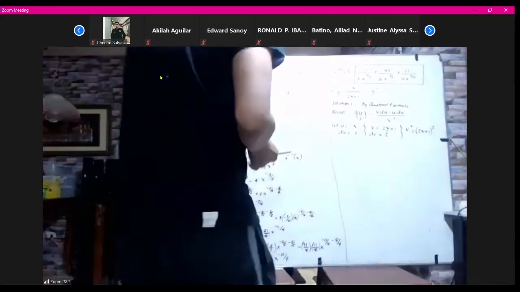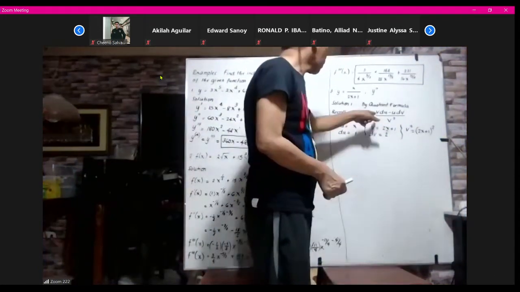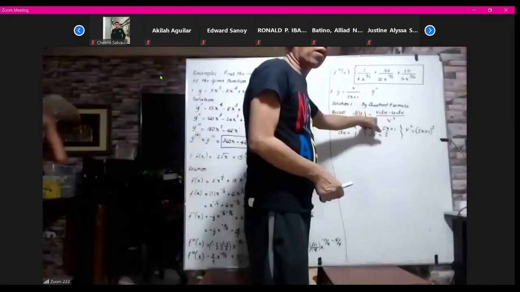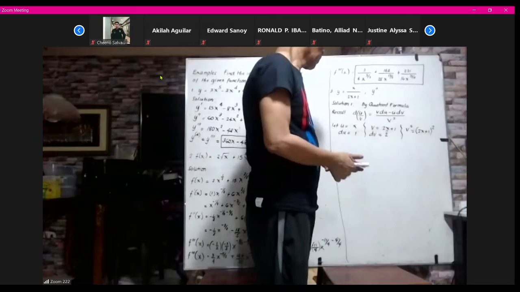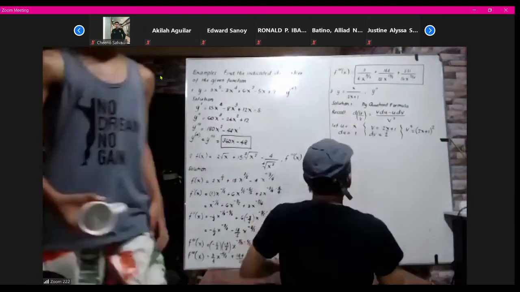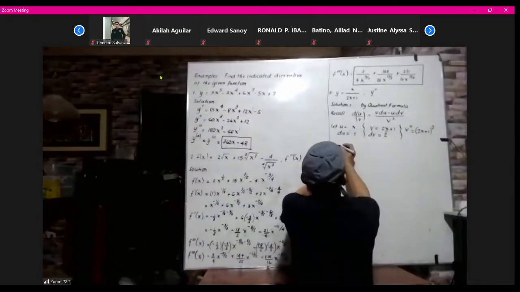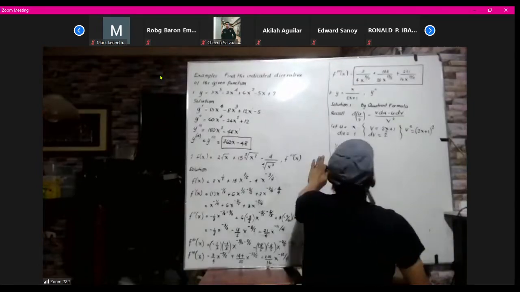So, this time guys, ang gagawin lang natin, lahat ng mga sinulat natin dyan, we have to plug in to our formula. V derivatives of u minus u derivatives of v all over v squared. So therefore, the first derivative, sulat natin y. First derivative is equal to v.